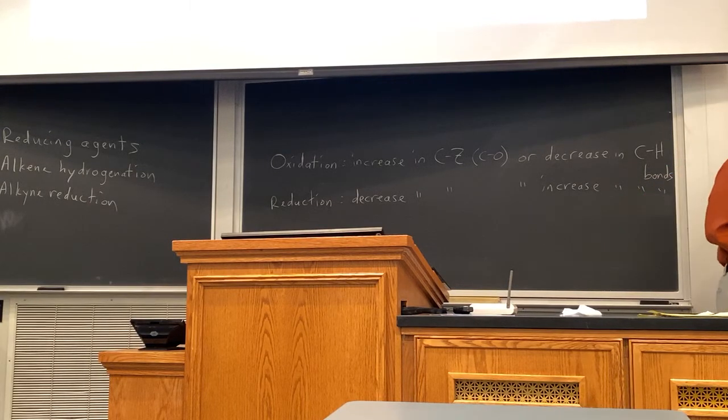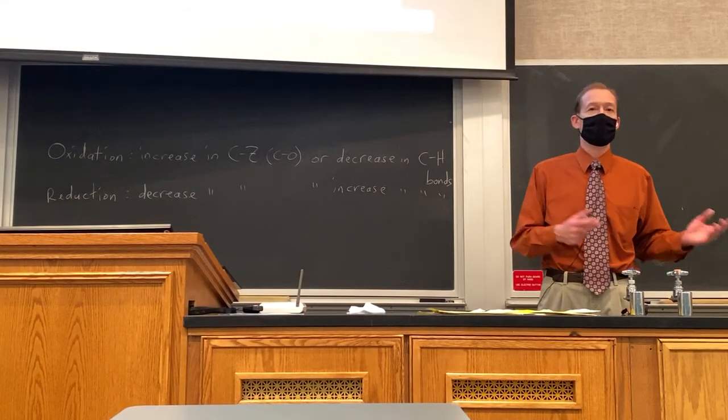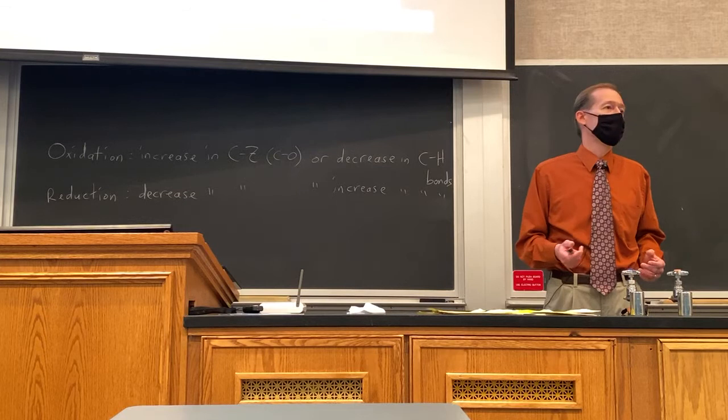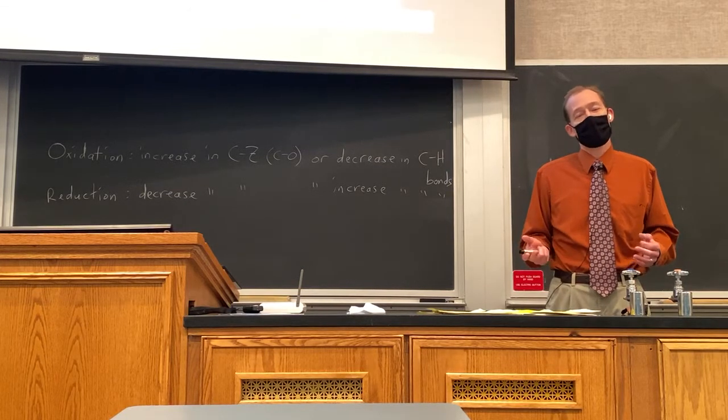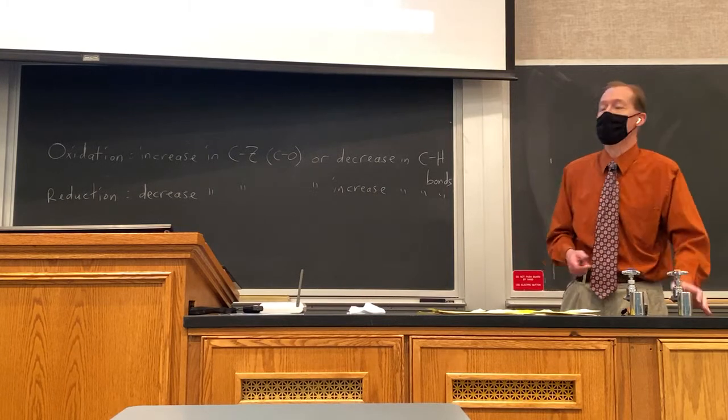So first off, in order to understand oxidation and reduction, we need to define them. And they're defined somewhat differently than in general chemistry. Instead of focusing on loss or gaining of electrons, what we focus on is the increase or decrease in carbon-heteroatom and/or carbon-hydrogen bonds.